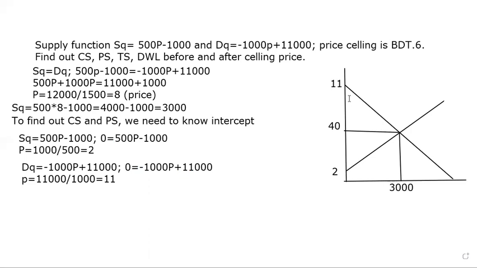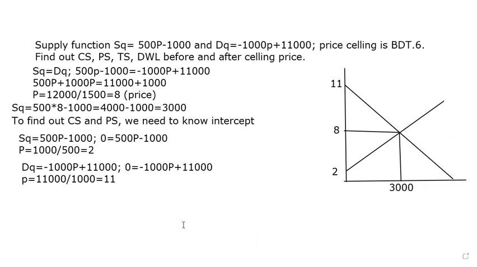There was a mistake earlier, and the equilibrium price here should be 8. So our intercepts are 11 for demand and 2 for supply.